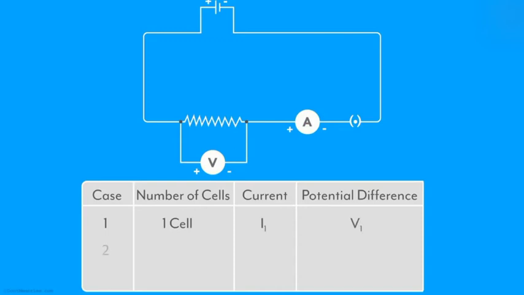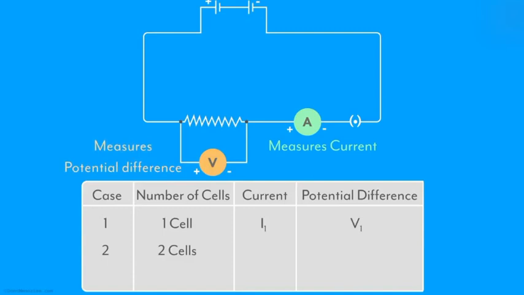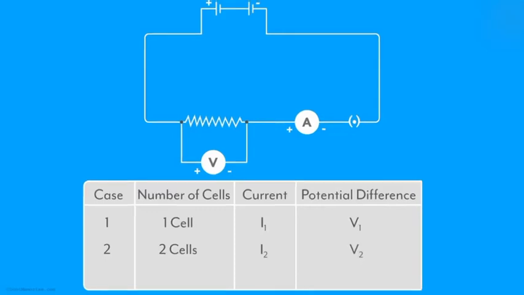When we include only a single cell, we obtain the current in the circuit as I1 and the potential difference across the nichrome wire as V1. Then we introduce one more cell in the circuit and switch it on. In the same way, we measure the current flowing through the circuit and the potential difference created by the two cells.